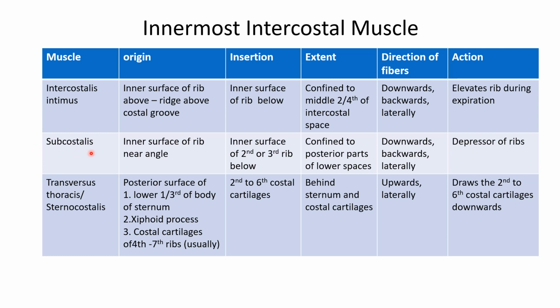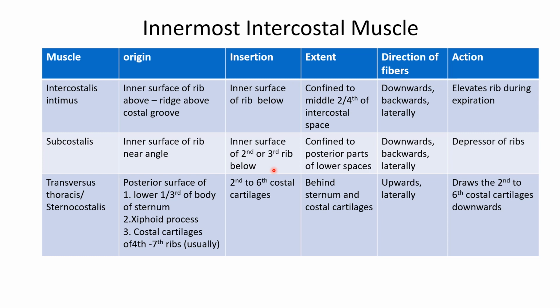The subcostalis originates from the inner surface of the rib nearer the angle, and for its insertion it crosses 2 or 3 ribs and gets inserted onto the inner surface of the second or third rib below.